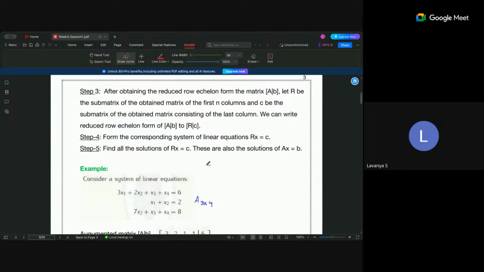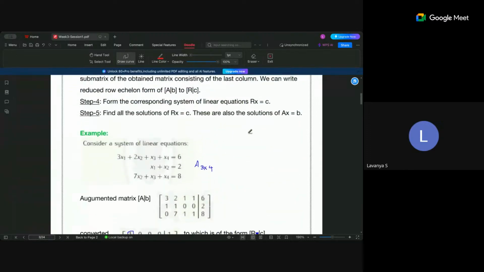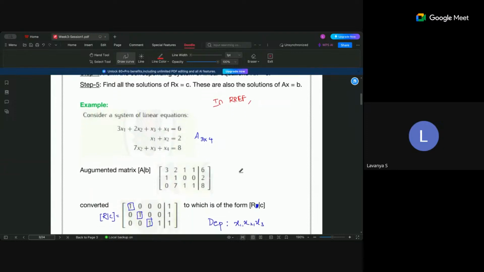The assumption we are making when we are doing this dependent and independent variable analysis is this: when you are finding the RREF form of the matrix, suppose there is a zero row in R, but the corresponding entry of C is non-zero.